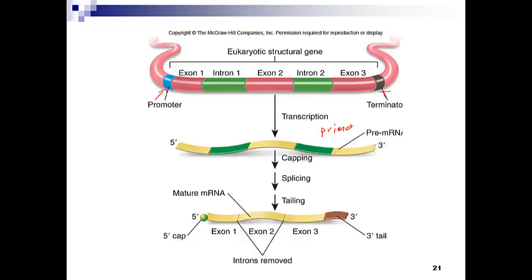They call it a pre-mRNA. Now in the process of RNA editing, we are going to remove the introns and splice together the 3 exons. We're going to add to a 5' end a methyl cap. We're also going to add to the 3' end a poly A tail.